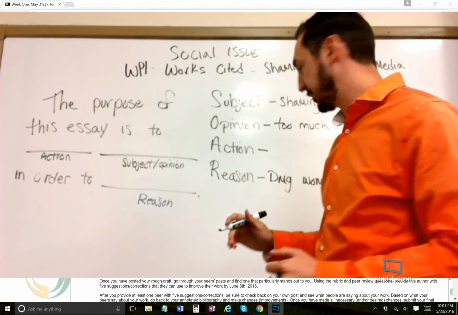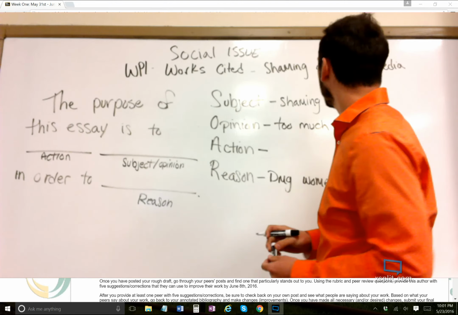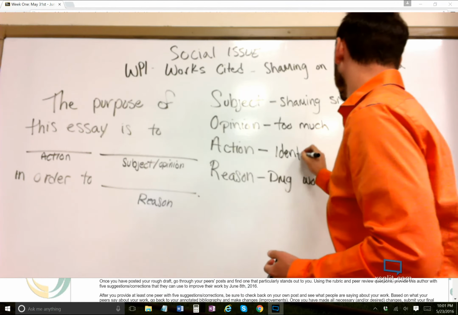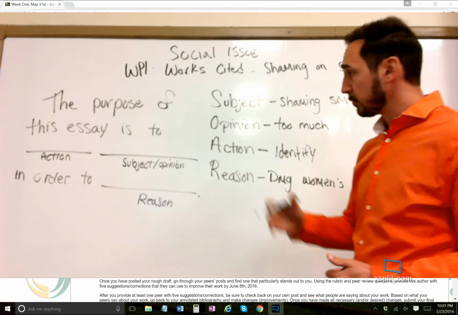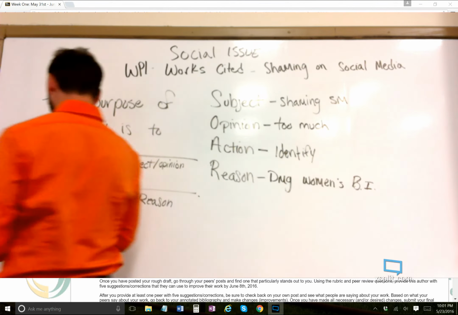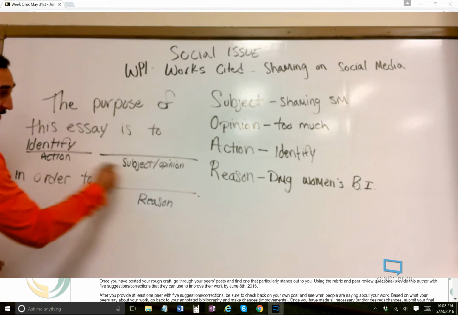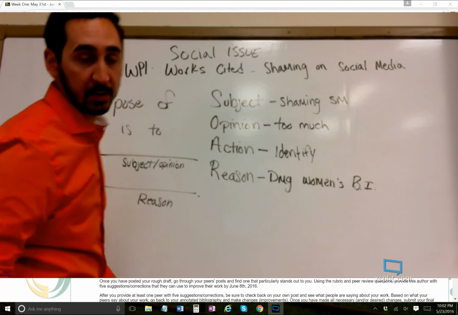So what I'm trying to show you is, let's go with the word, what are we talking about? I'm going to go with identify. The purpose of this essay is to identify. That's the word I just wrote in right there. That's one of the words I used in my SOAR acronym.